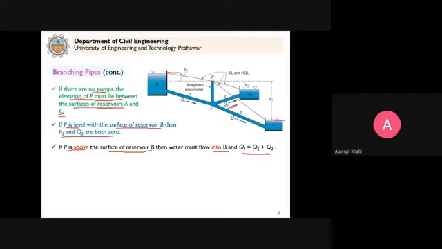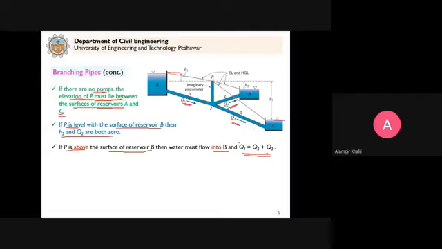Because this surface level is higher than P, water will flow from reservoir A towards the junction point J. So that's why you can see that Q1 is out of reservoir A, and this is above B and C. So it means that water will flow into reservoir B and also into reservoir C. So in that case, the continuity equation will be Q1, because this is inflow, equal to Q2 plus Q3, both are outflows.